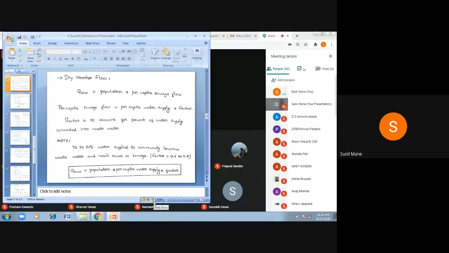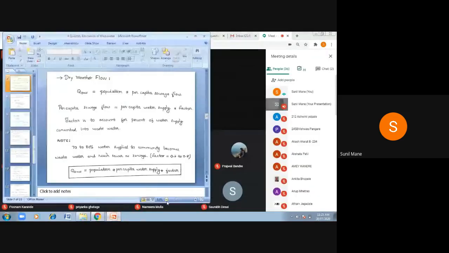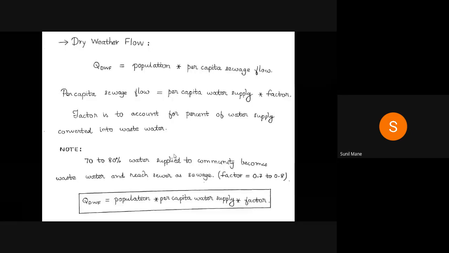There would be various calculation problems. Even though the problems are given with solutions, I would again suggest you try to calculate on your own. I expect that you have your own notes. So in case of dry weather flow, what is the calculation?